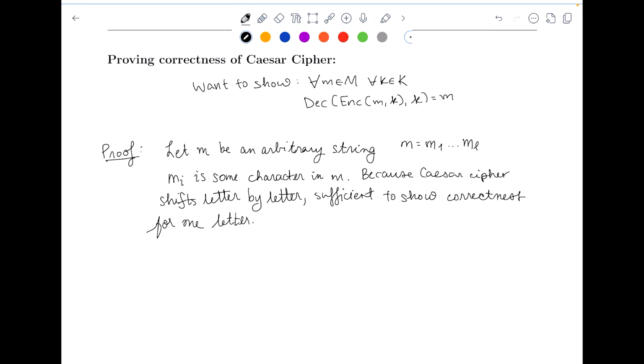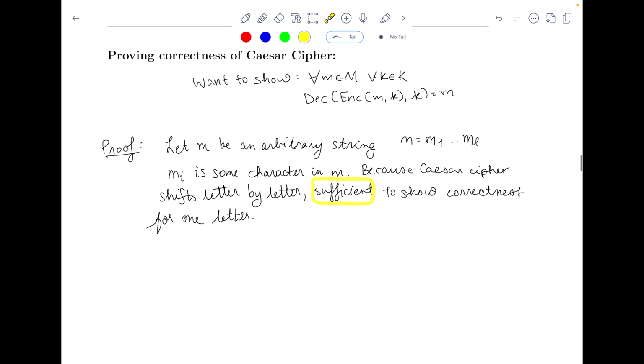Okay. So a couple of things to point out here. When you're writing your proofs, using this word arbitrary, saying that we selected one because I had a for all here, so I just want to pick an arbitrary string. And then the other thing is saying that something is sufficient to show.